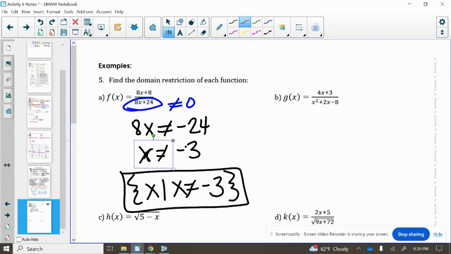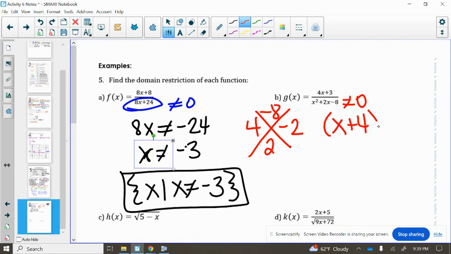All right, the second one. When we set that denominator not equal to 0, we're asking where is this going to cause us an issue? We actually need to factor because we have a quadratic, and we want this to multiply to equal -8 and add to equal +2. Well, that's going to be x plus 4 and x minus 2.